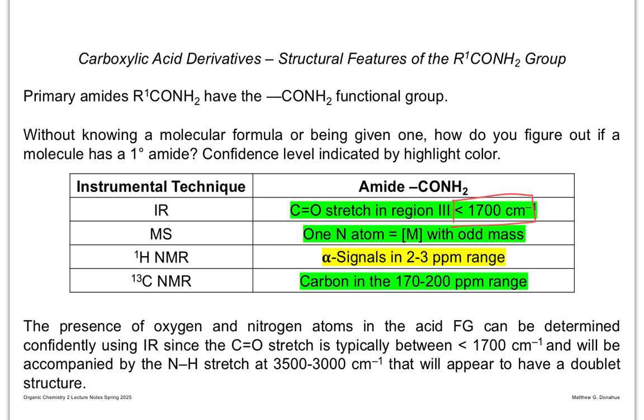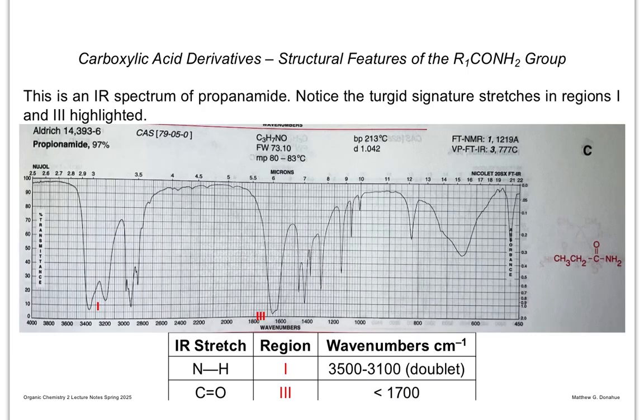So a primary amide has 2 NH bonds. So those could appear in region 1 as sort of 2 signals. And in the example shown here, this is the 3-carbon amide. So the primary amide.